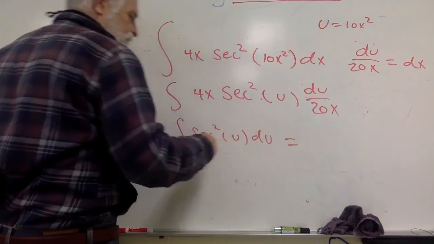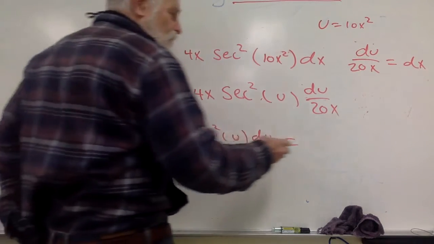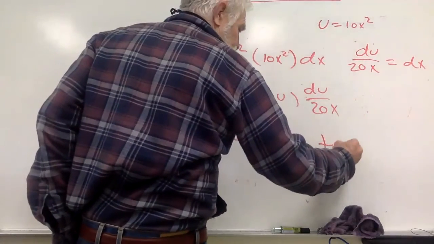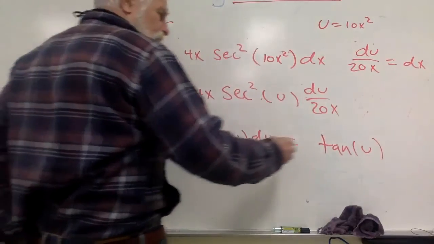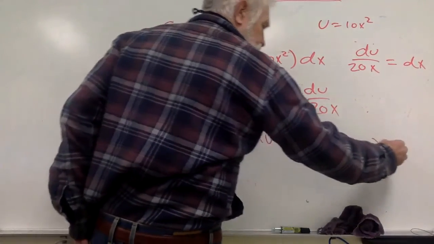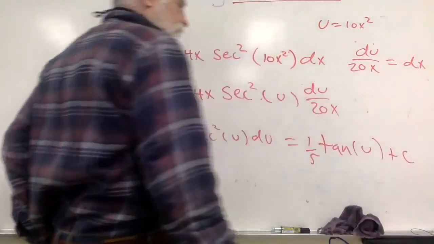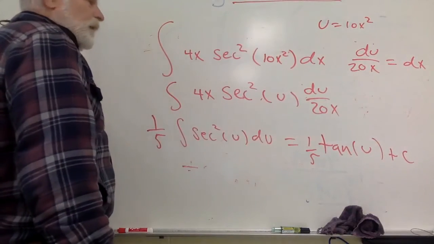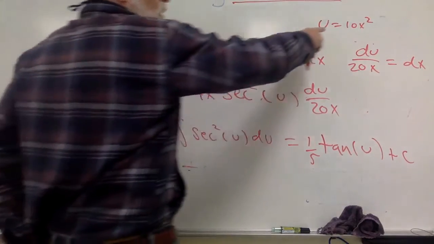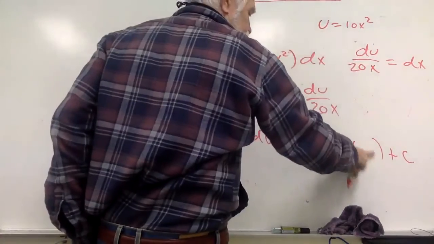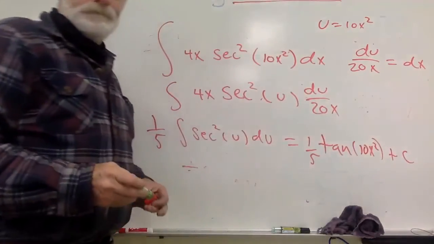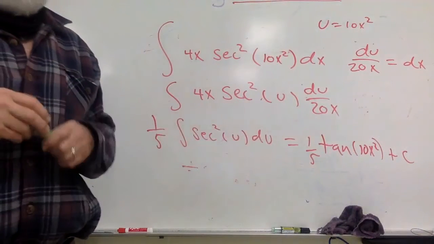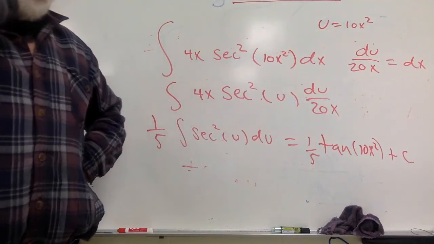You haven't done secant squared a lot, but I know some of you know that's the tangent function. So we have the tangent of u times 1/5 plus c. And then at the very last step, you replace u again with what it represented, 10x squared. And you're done.